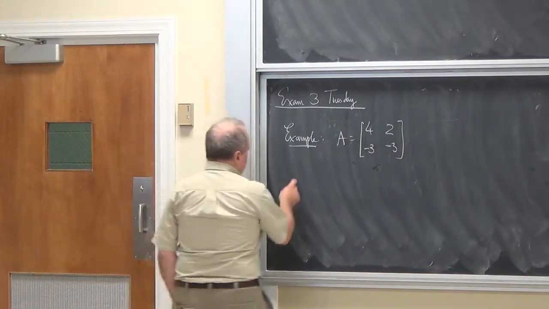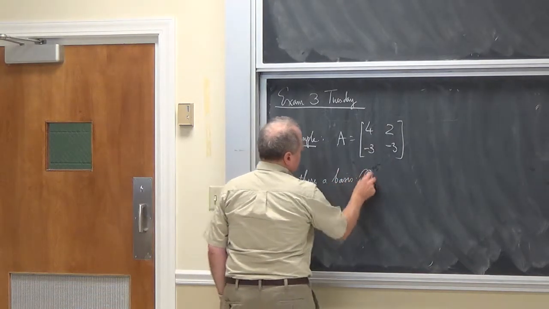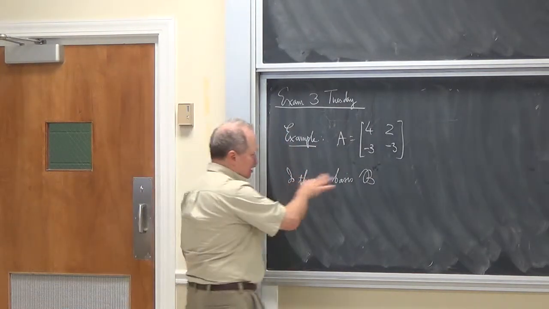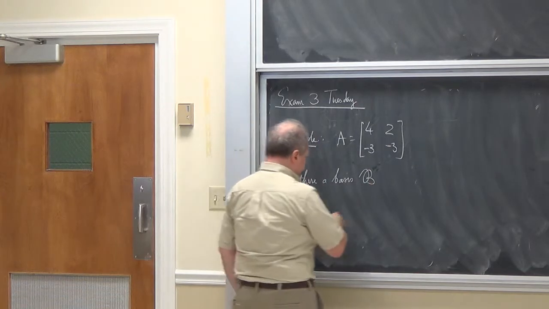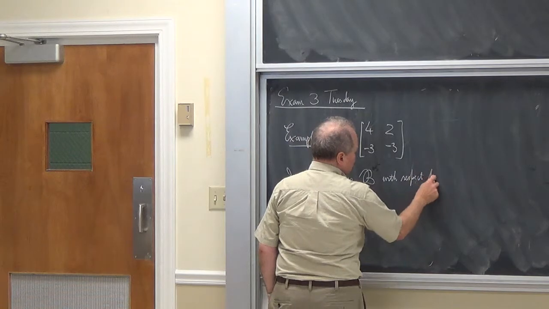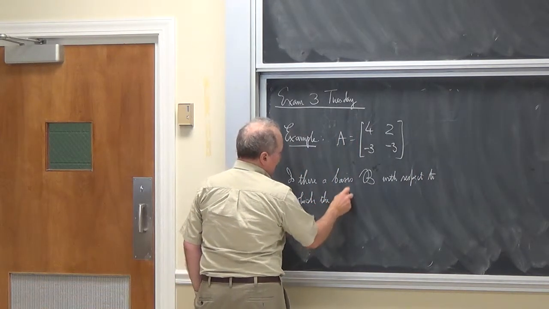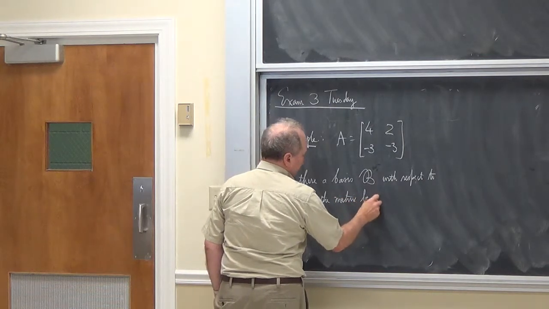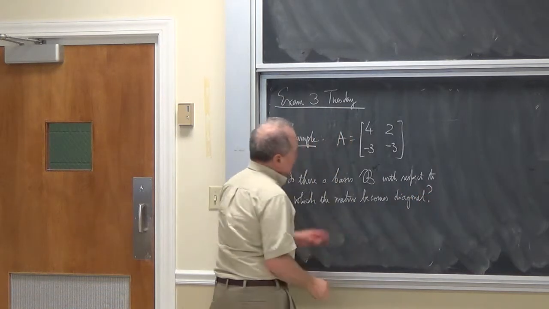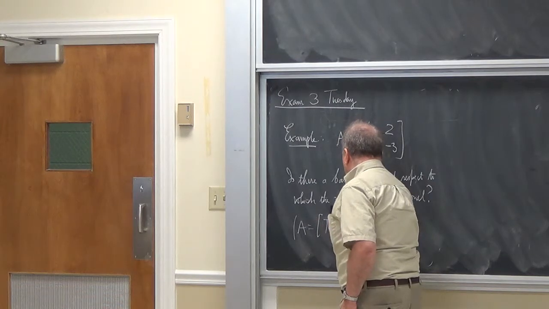So, is there a basis, script B, and I'm not going to keep the primes going today, we're just going to do standard basis and B, with respect to which the matrix becomes diagonal? In other words, A is the standard matrix for some linear map.